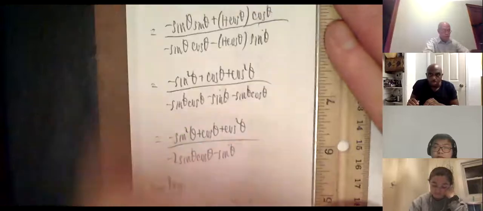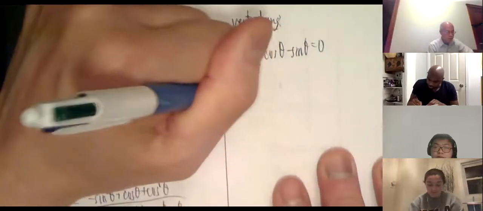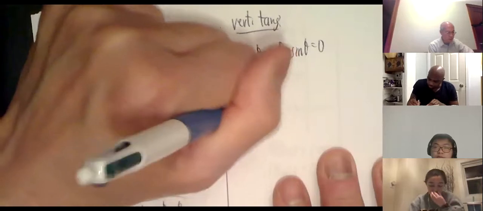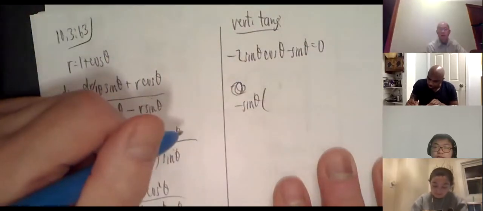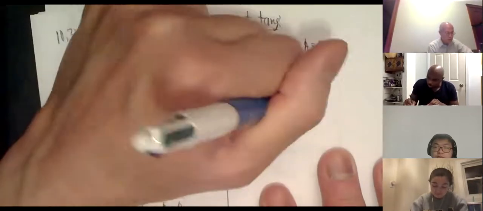Okay, then for vertical tangent, set the denominator equal to 0. So vertical tangent: negative 2 sine theta cosine theta minus sine theta equals 0. Factor out, sorry, not negative 2, just negative sine theta. What that'll give me is 2 cosine theta plus 1 equals 0.